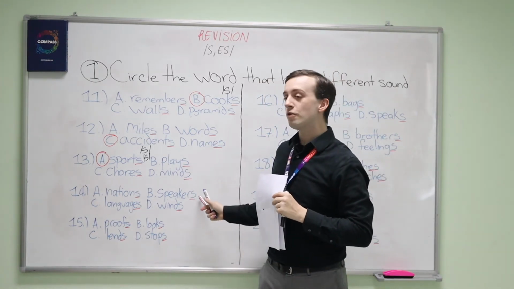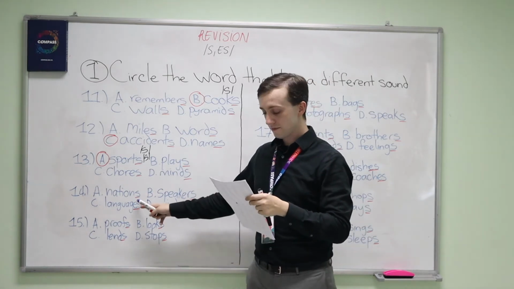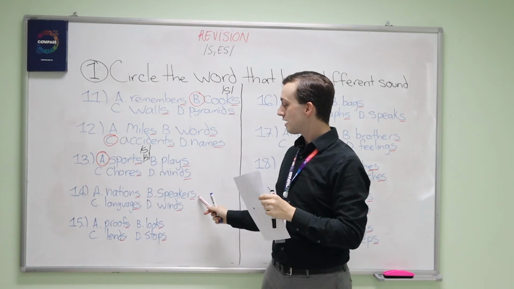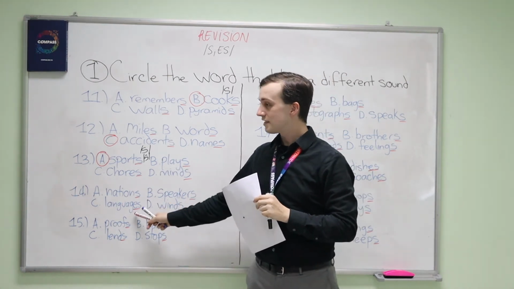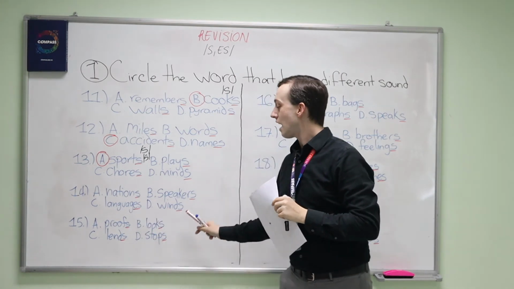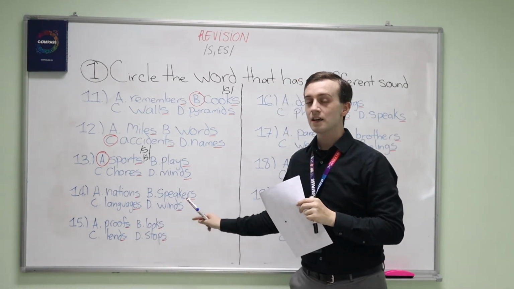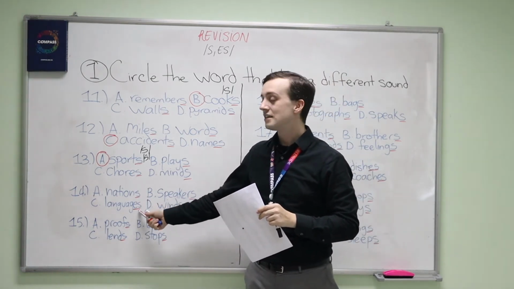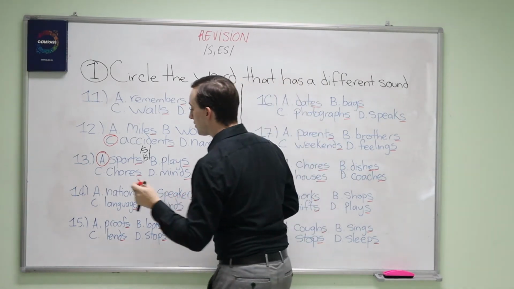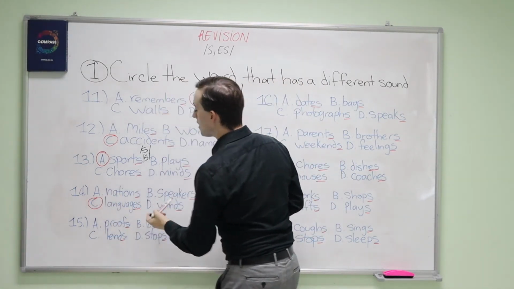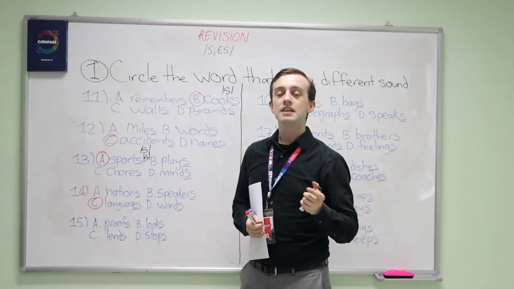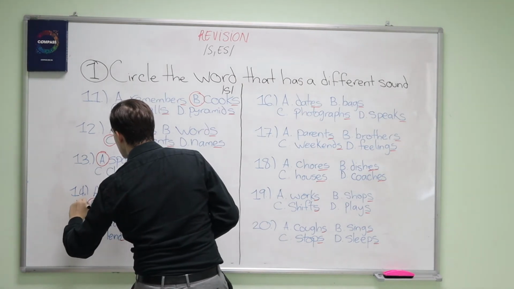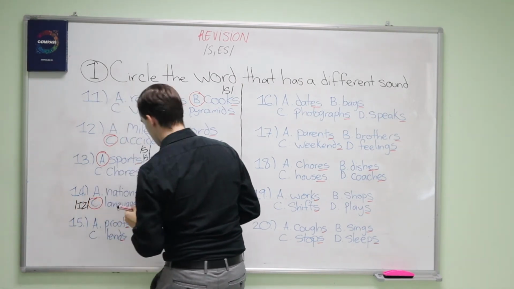Next question is 14. The words are letter A, nations, B, speakers, C, languages, and D, winds. The word with different pronunciation in question 14 is C. So circle C. Because in C, letters ES, they make the sound Z. Like this.